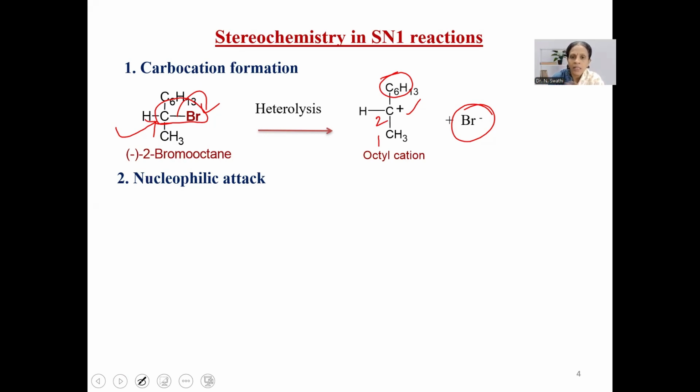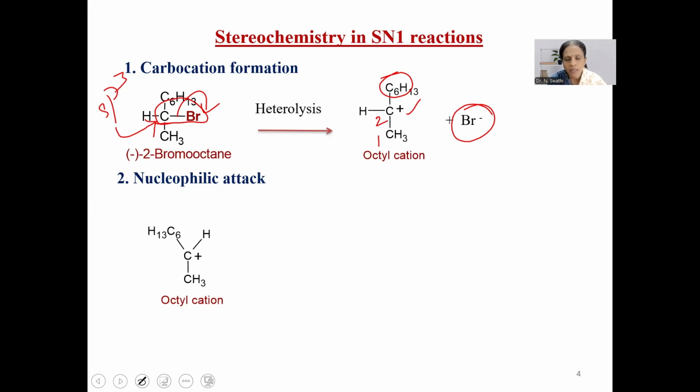Once the octyl cation forms, what happens in the next step? That is a nucleophilic attack. There is one more specific thing you can observe in this reaction. In 2-bromo-octane, the starting molecule, carbon is in sp3 hybridization state with 4 different bonds, so the geometry is tetrahedral.